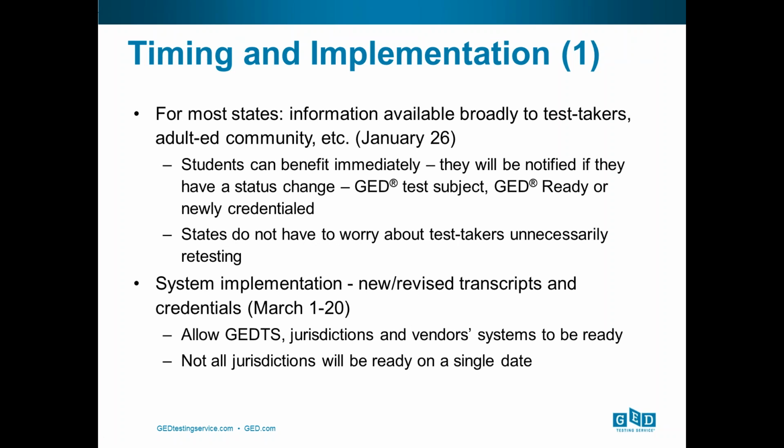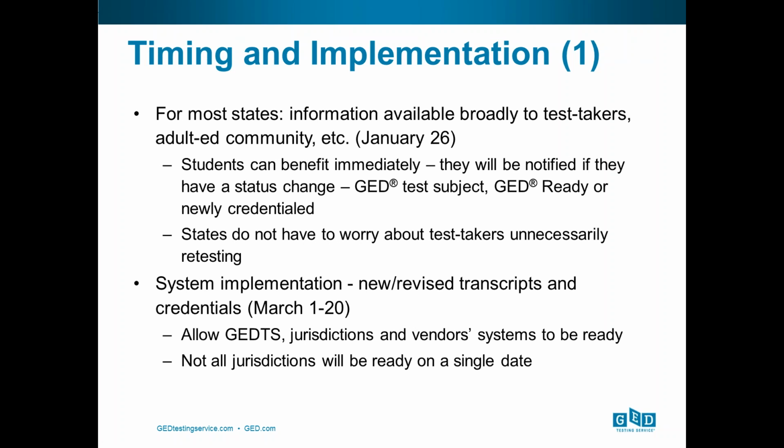Okay, so let me talk a little bit about the timing and implementation behind the recalibration. For most states, we made some information broadly available to both test takers and the adult ed community on January 26th. That was kind of a red letter day.